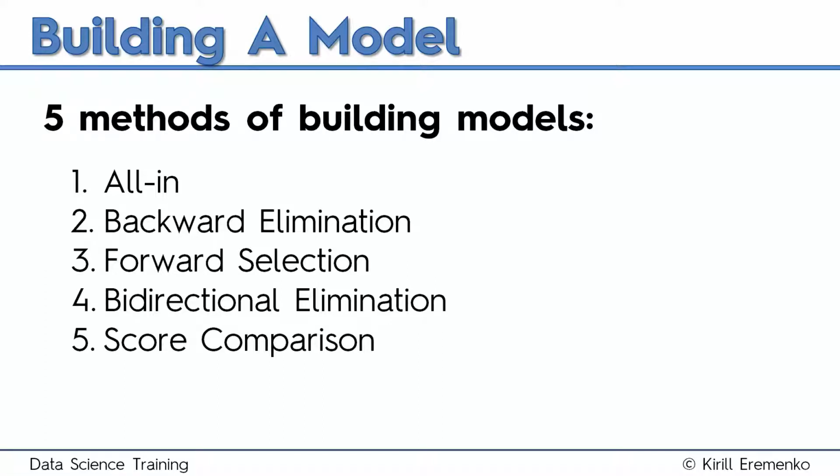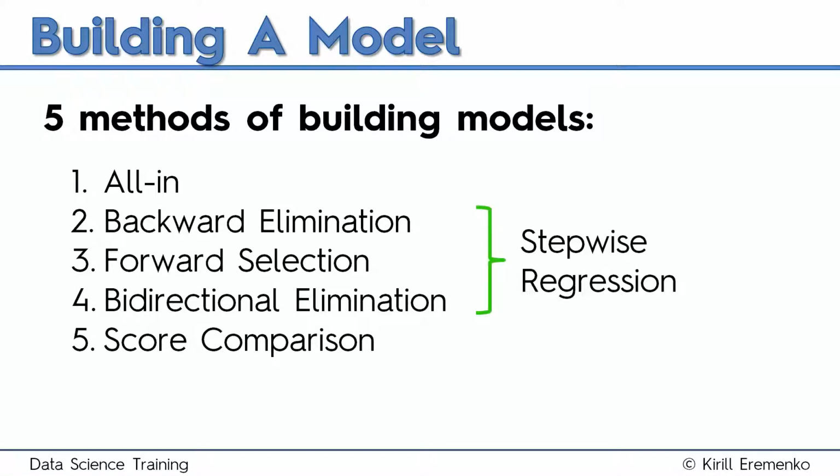Before we do, I wanted to say that sometimes you'll hear stepwise regression. Stepwise regression actually refers to numbers 2, 3, and 4, because those are really the true step-by-step methods. But sometimes you will hear people say stepwise regression in reference to just number 4.